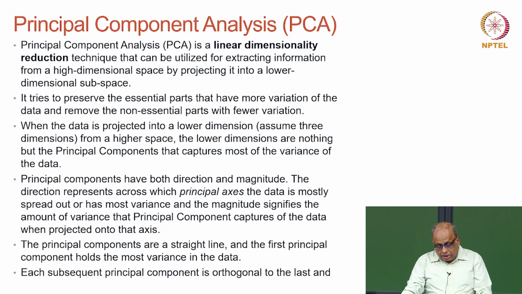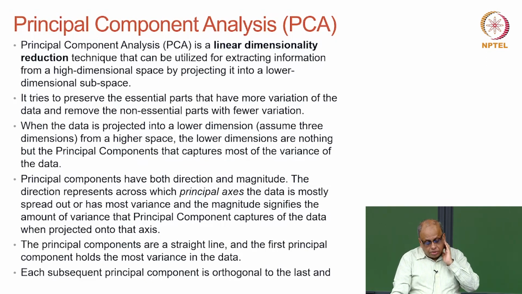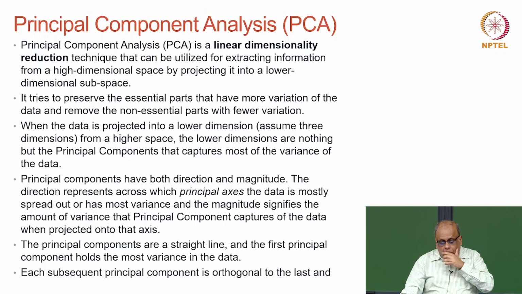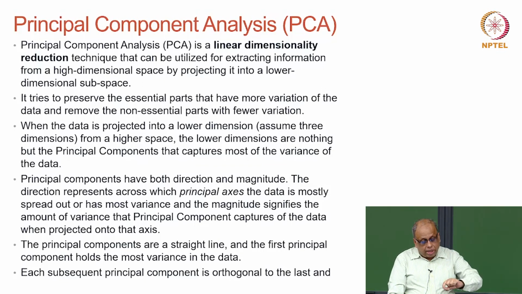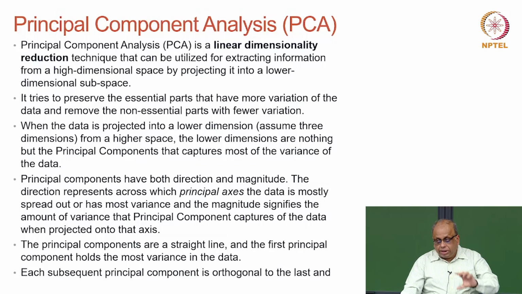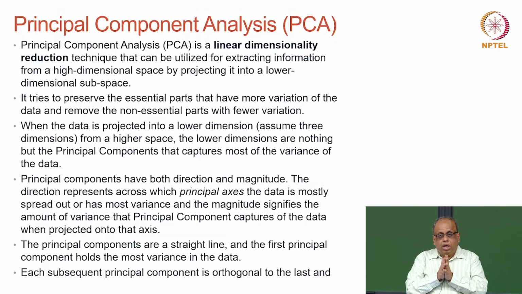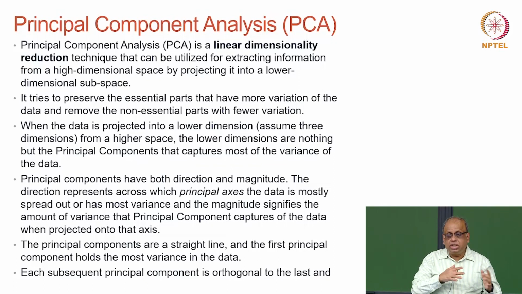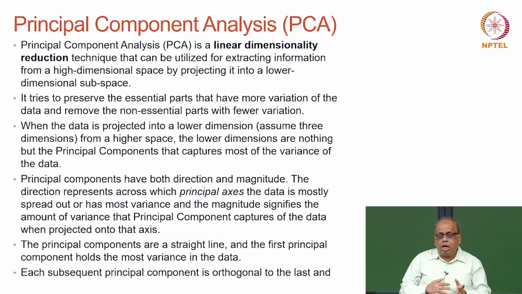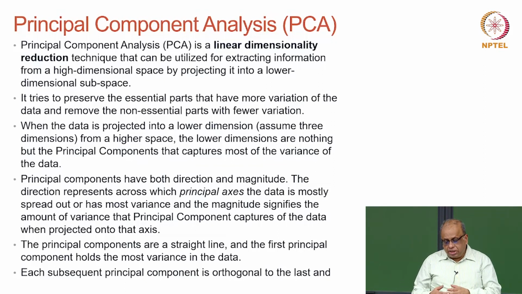As I said, when you move from a higher dimension to a lower dimension, you try to make sure that the lower dimensions are the principal components that capture most of the variance of the data. Suppose you have data about a cancer patient, which has a lot of fields about the age of the patient and the size of the cancer.